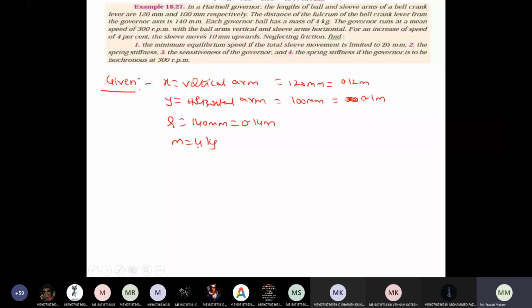I am writing it as n mean 300 rpm, and for an increased speed of 4%, the sleeve moves by 10 mm upwards. Okay, he has given mean speed is 300 rpm.